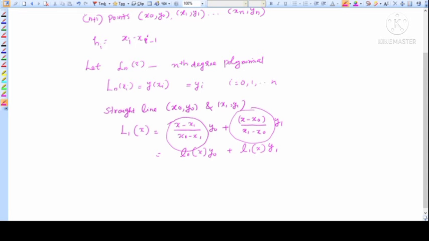And looking at the denominator, there is x0 minus x1, x0 minus x1 and x1 minus x0. So this is the symmetry of this equation. This is for remembering the equation for L1.